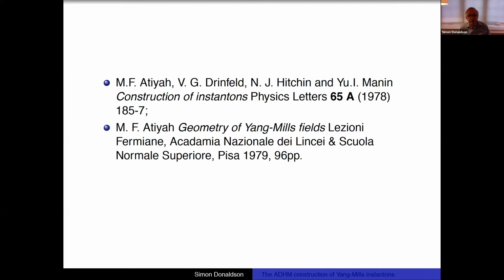This is a booklet of close to 100 pages, and it came out, say, in 1979. I started as a graduate student in 1980, and so this booklet was an important part of my education.